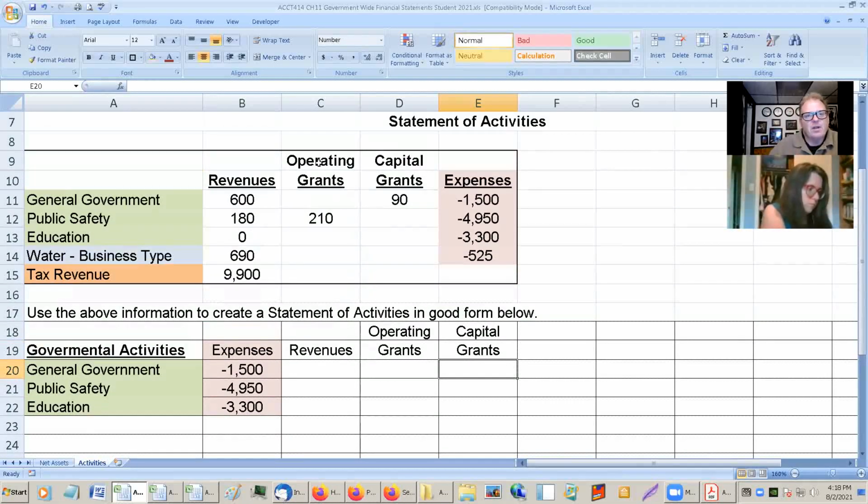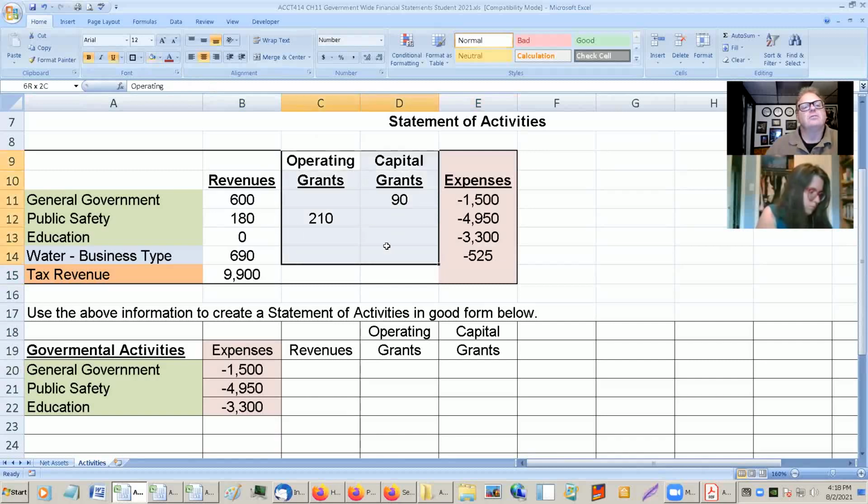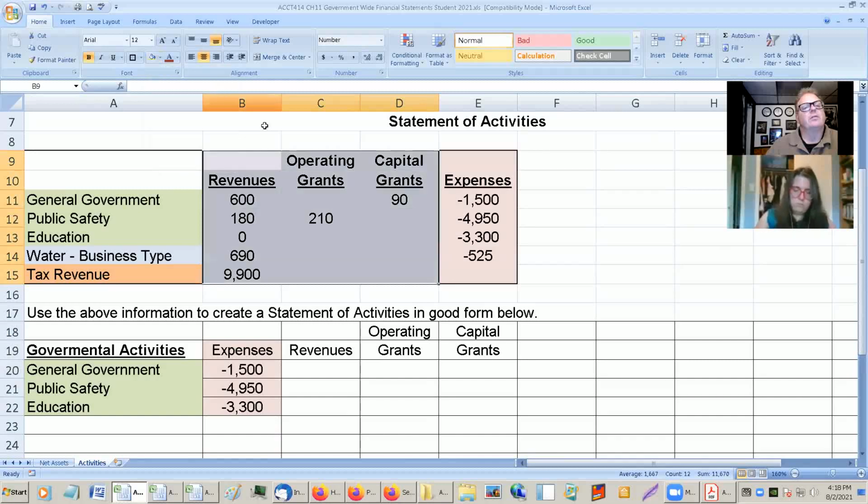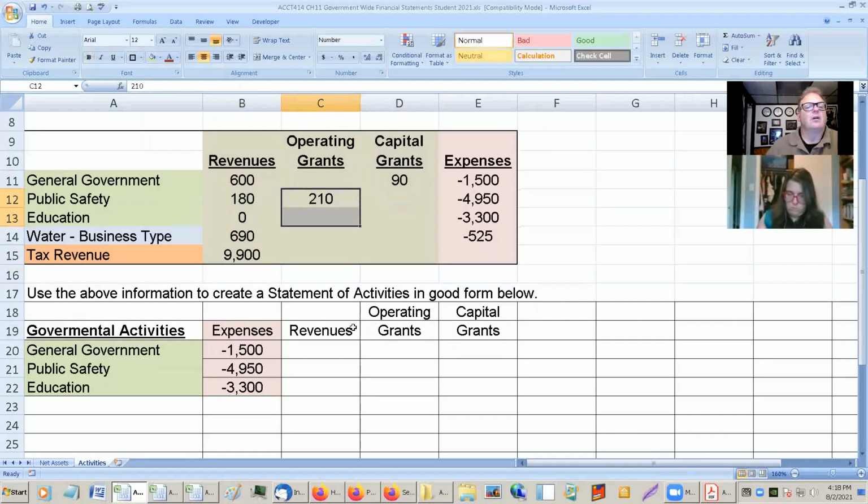Okay, so these are the grants. The hardest part about this is the color.